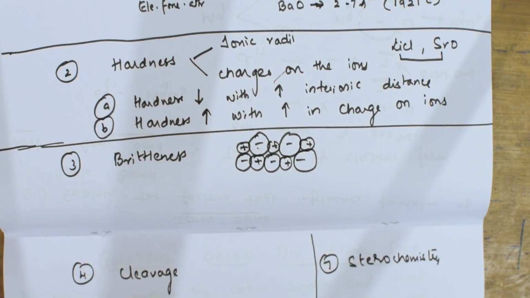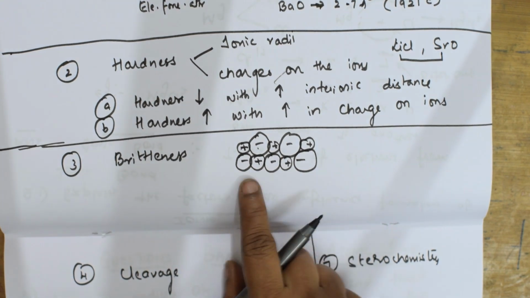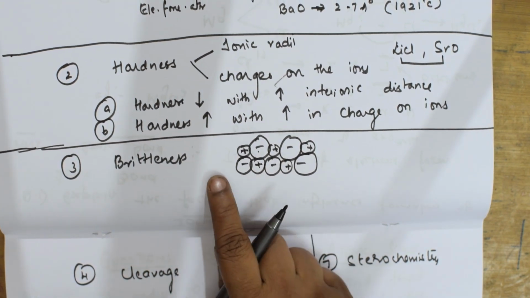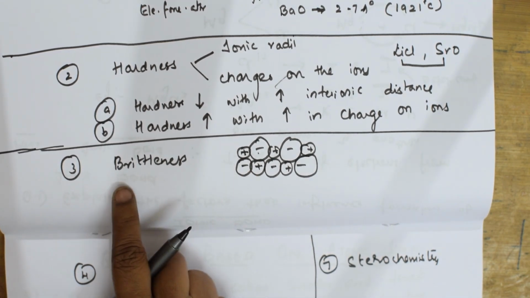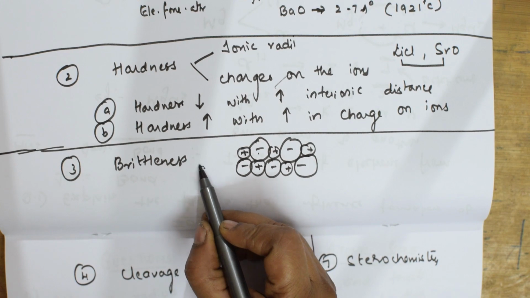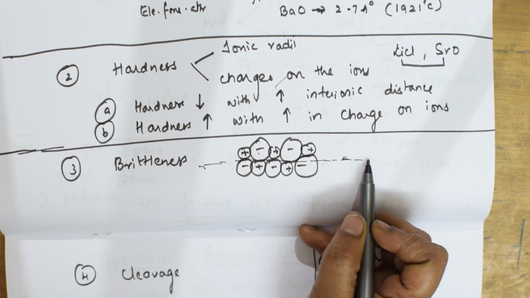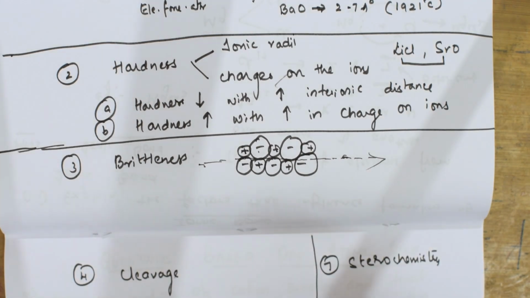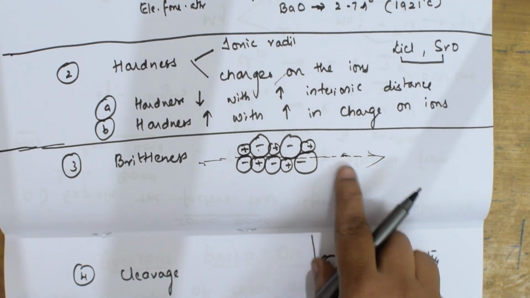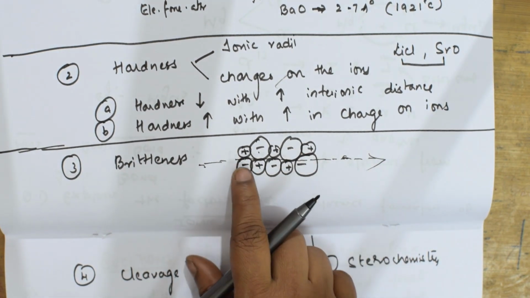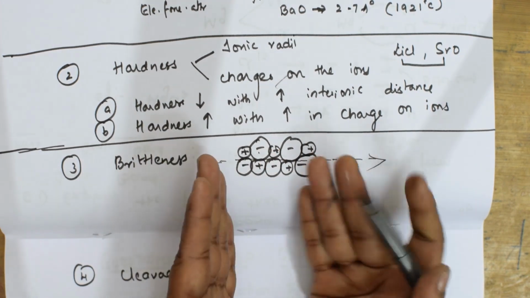Correct? Right. So it observes that when energy is supplied to these crystal layers, in this direction, what will happen? The movement of these layers of ions makes the ions of like charges come near, because it will just move like this, isn't it?